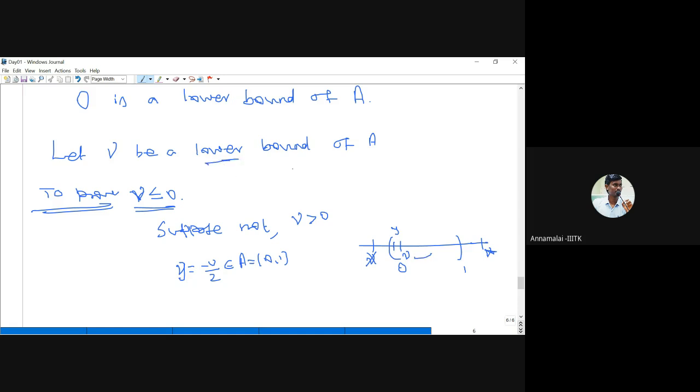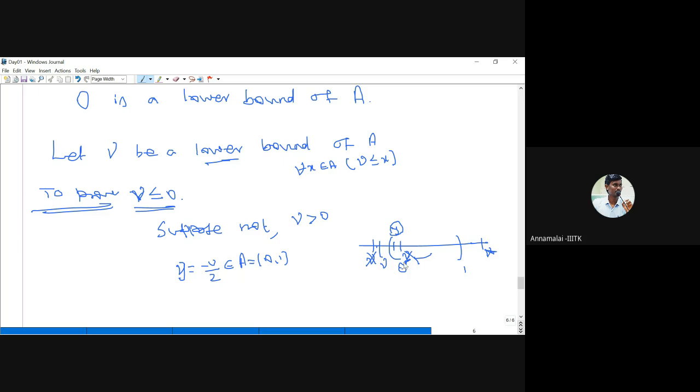Gamma is a lower bound means for every element x in A, gamma is less than or equal to x. But this y is smaller than gamma, therefore gamma cannot be a lower bound. Therefore if you take some other lower bound gamma, that gamma should always be below 0. Therefore 0 is the greatest lower bound.